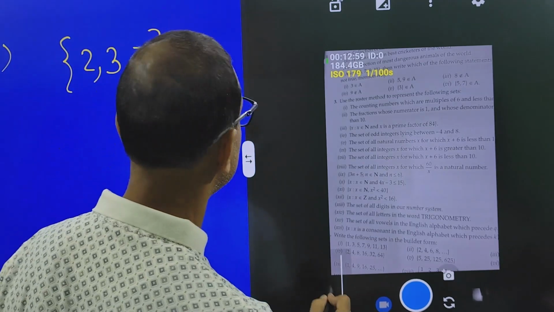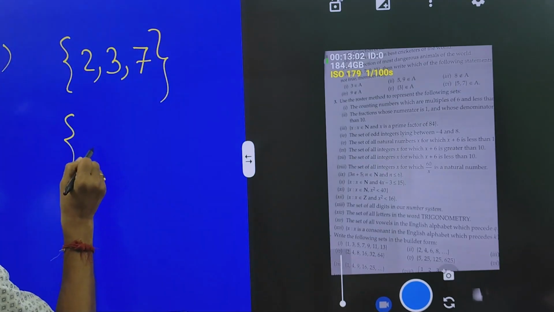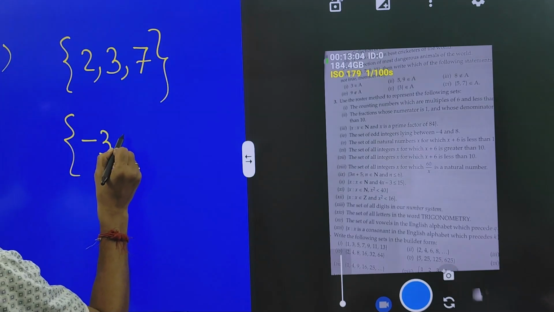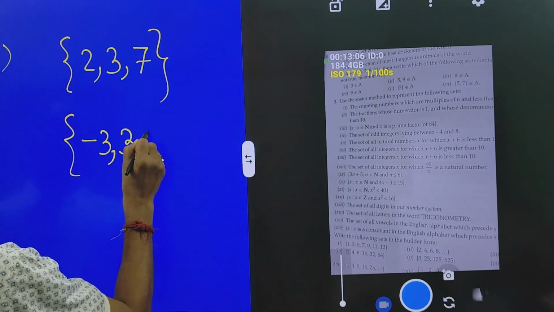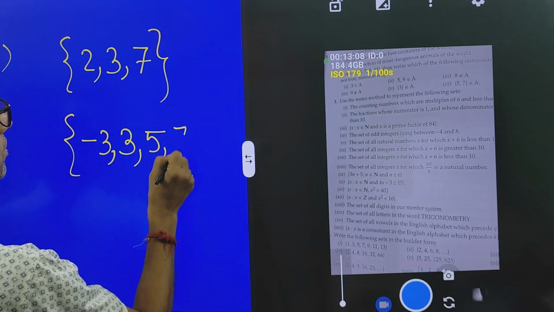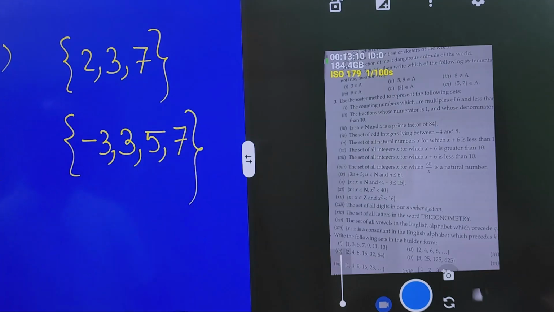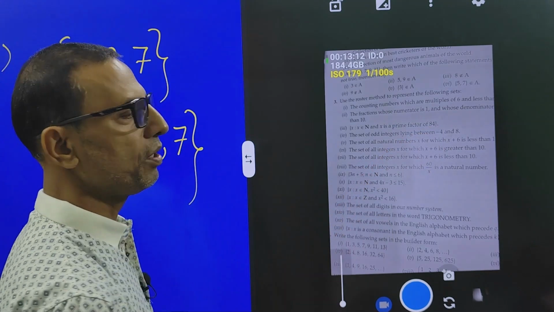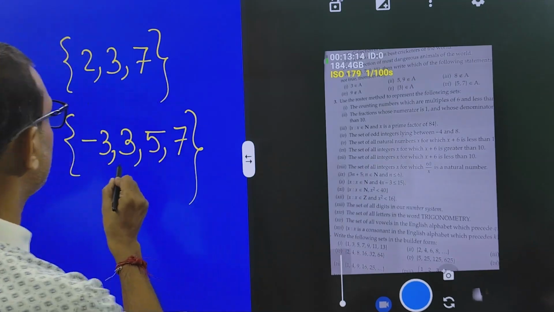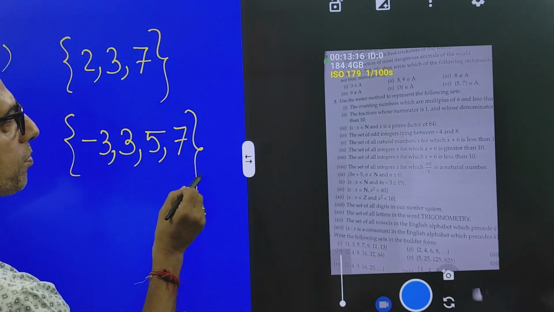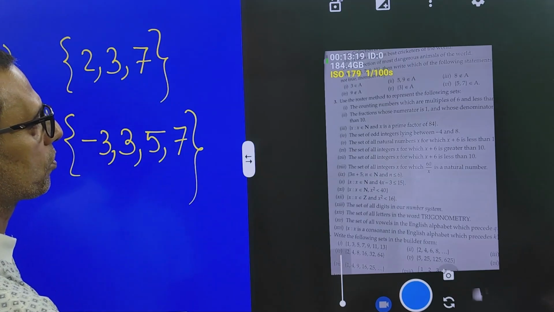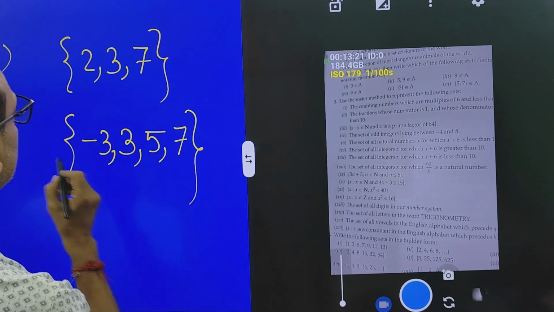These are the odd integers, right? So it will be -3, 3, 5, 7, up to 8, in between -4 and 8. So that is how we can express in roster form, roster method, right? So this is number 4.